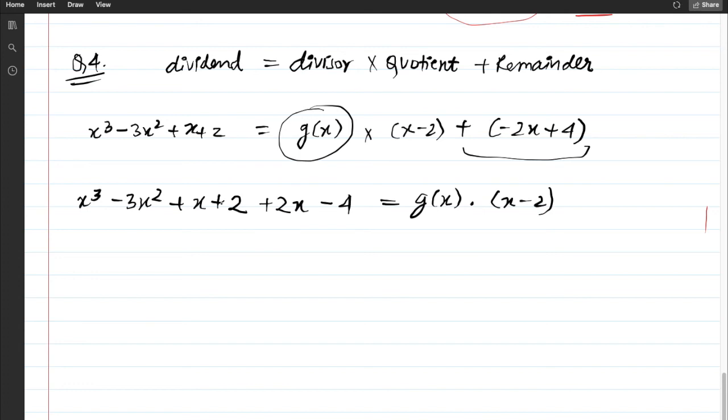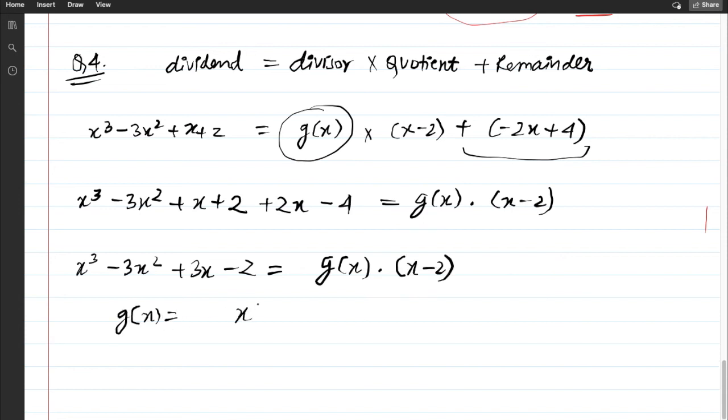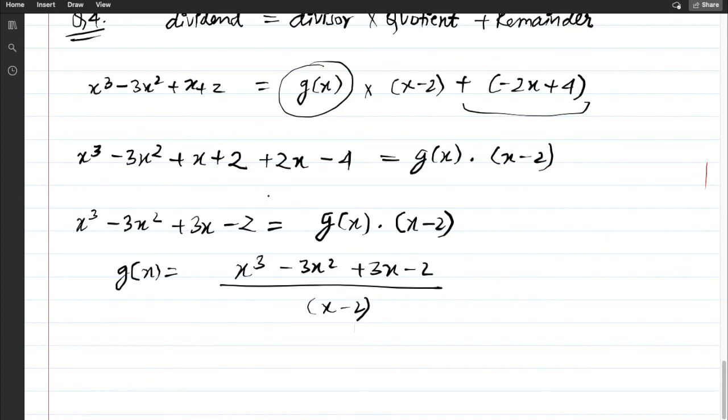So if I simplify this form, I will get x cube minus 3x square, 2x plus x will become 3x, 2 minus 4 will become minus 2 equals to gx times x minus 2. So from here gx value is equal to x cube minus 3x square plus 3x minus 2 divided by x minus 2. Now this is a simple question.